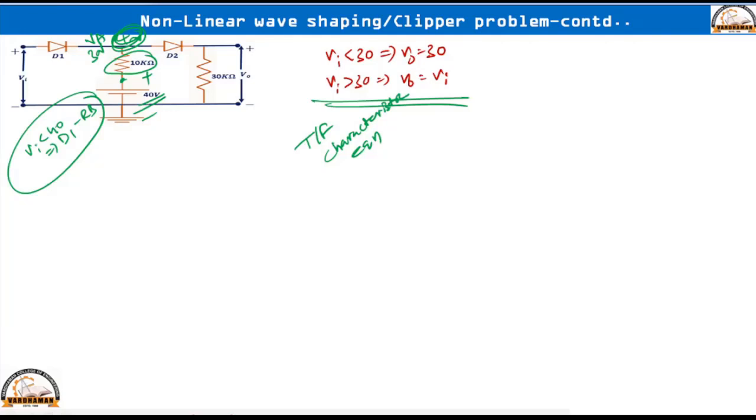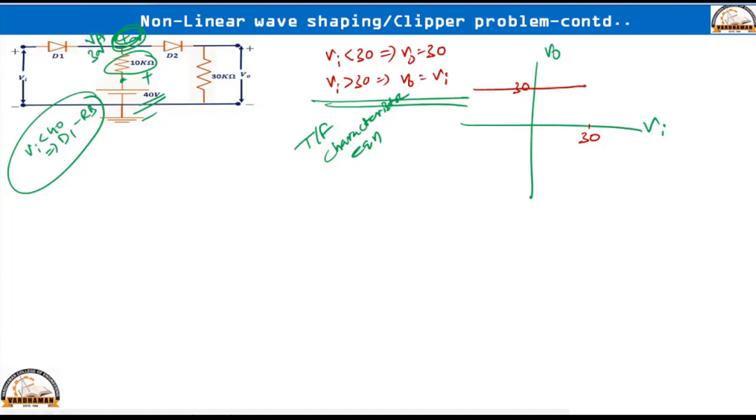Now, with this we can draw the transfer characteristic curve. We are comparing input with 30 volts, and output also has a 30 volts level. So, when input is less than 30, that means to the left side of this 30 volts notation, output is exactly 30.